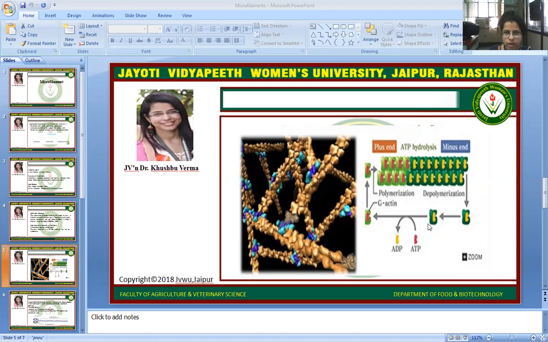G-actin monomer has a binding site for ATP. So generally it will bind to the ATP, but when it goes to the growing F-actin strand and attaches to it, ATP will be hydrolyzed into ADP, and then it will attach to the F-actin strand. Two F-actin strands will make a complete actin filament.